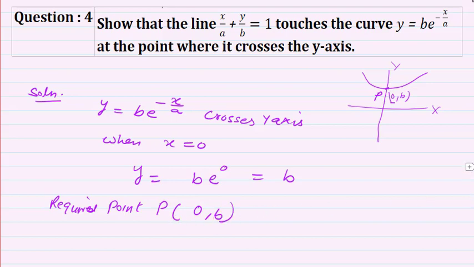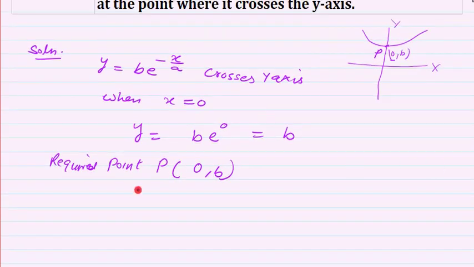Now let us calculate the equation of tangent. For the equation of tangent, we need to calculate the slope of tangent, and for the slope of tangent, we calculate dy upon dx. So dy upon dx is clearly b, which is constant, and the derivative of e power minus x upon a is e power minus x upon a into minus 1 upon a. You know this concept very well.